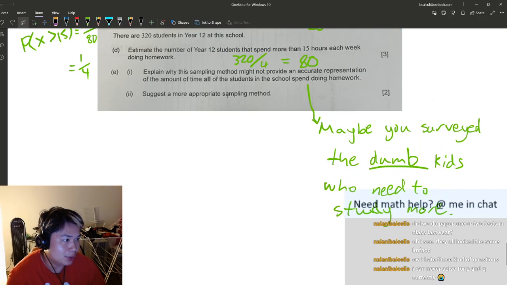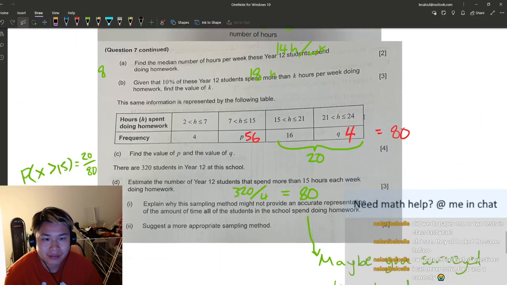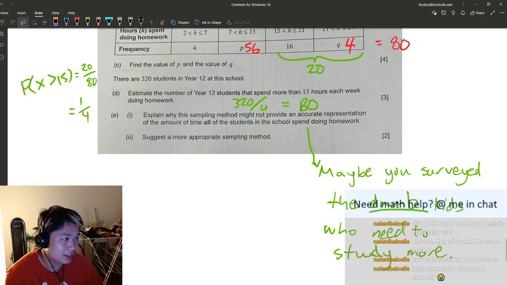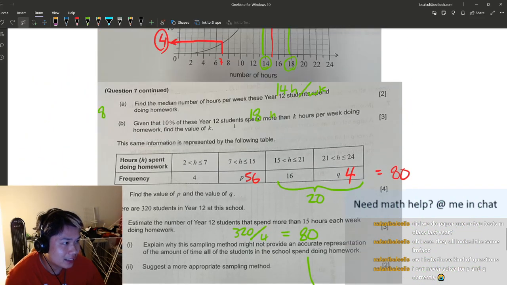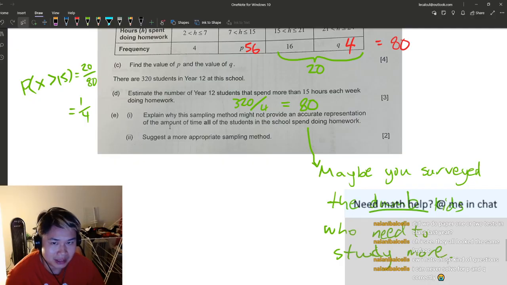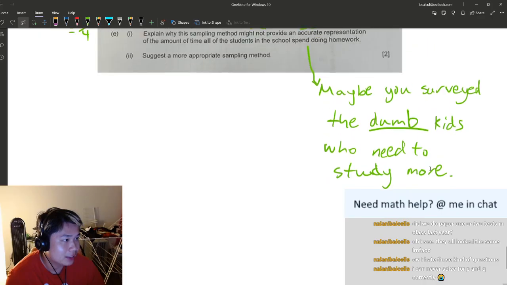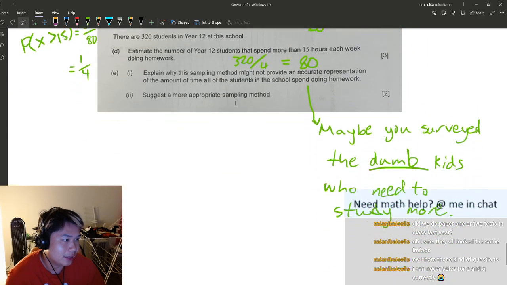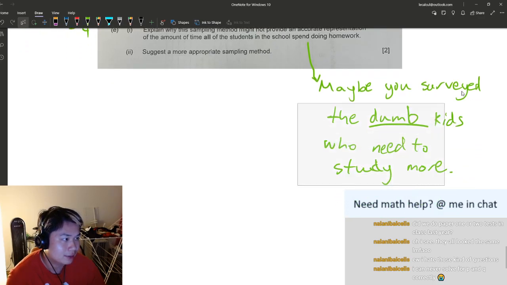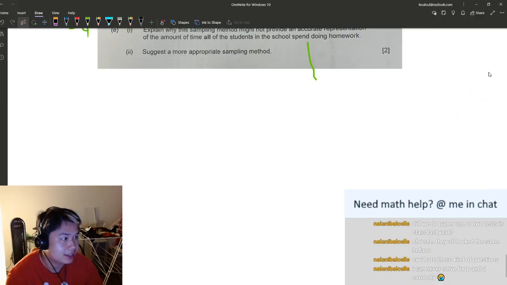And then suggest a more appropriate sampling method. I don't know. Oh wait, I think they're looking for a specific answer for this. Are they? No, they're not. Oh, whoops, all the students. Okay, never mind. I thought they would let you have some fun. Sorry, this is about year 12. You can't expand that out to all of the students in the school, because not all the students are in year 12. Fine. I wish I could have said this answer instead.